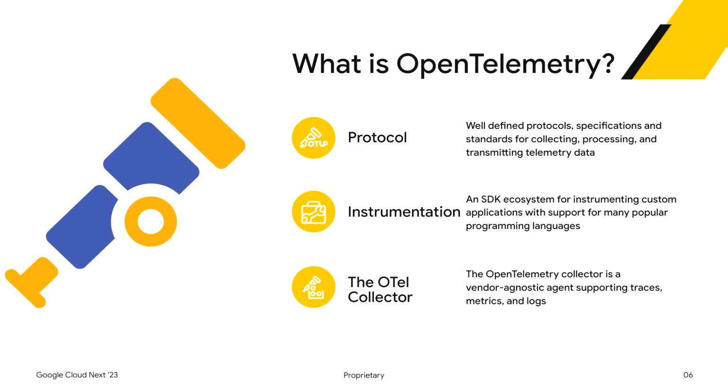The next is instrumentation. So talking about the SDKs, libraries that you use within your own code, auto instrumentation, and others. And then finally, the OTel collector. This is the collector or agent. It's vendor agnostic, and it's what does the bulk of that processing of data and can be used to stream and create your telemetry pipelines within your environments.